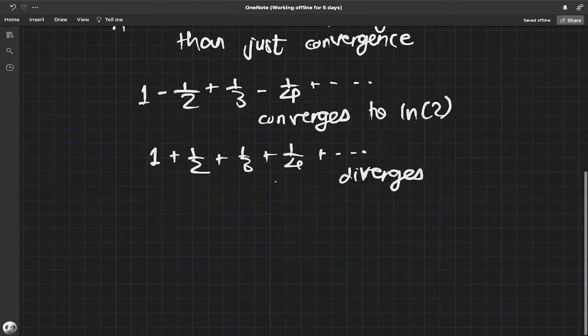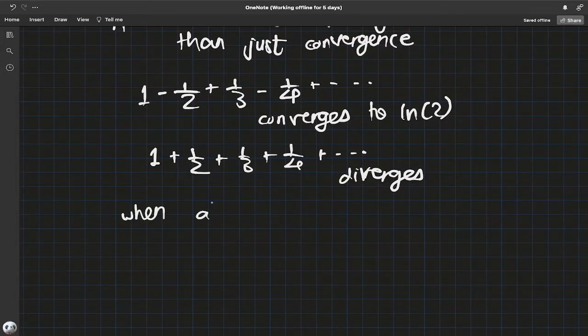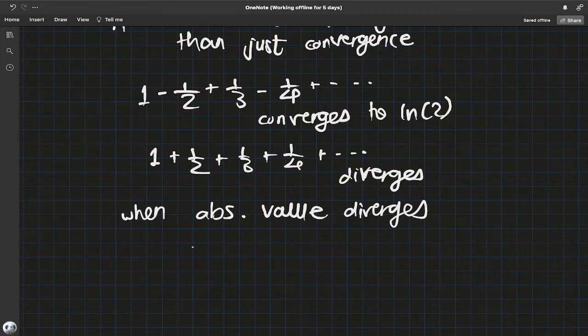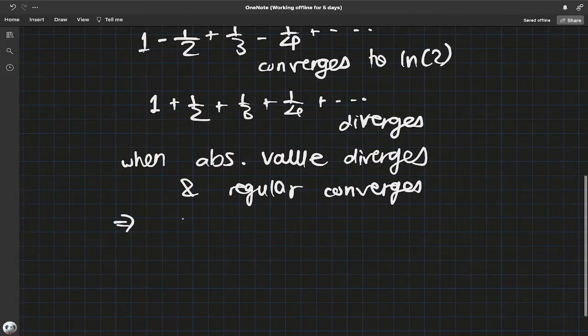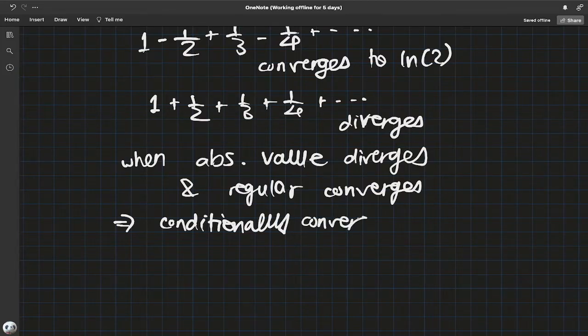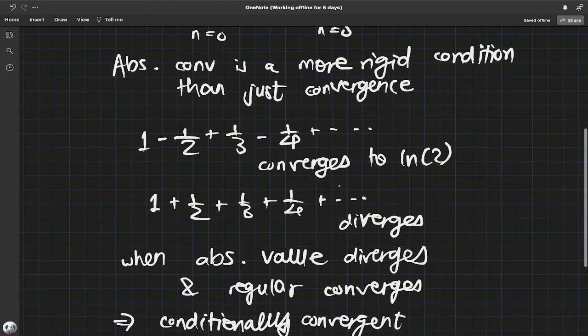And in such cases, when the absolute value diverges and the regular series converges, such series are called conditionally convergent series. Why I say conditionally is because take the case of this alternating harmonic series.